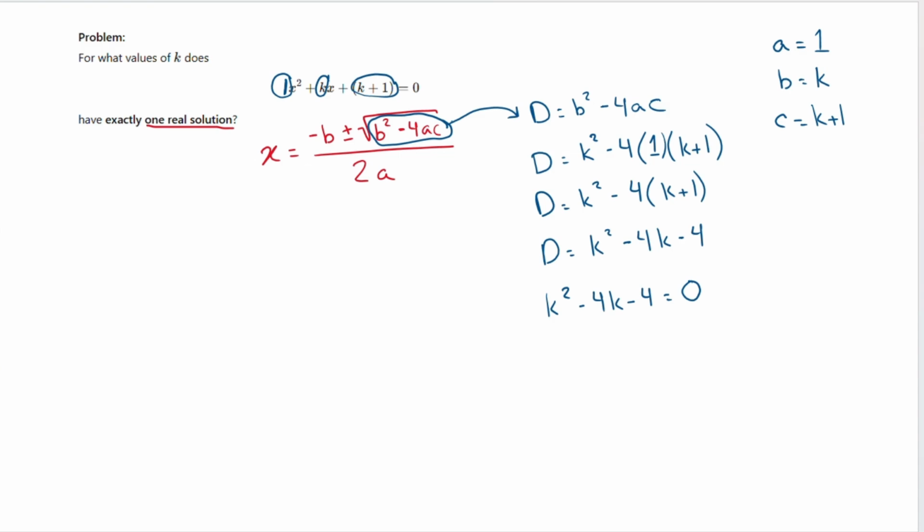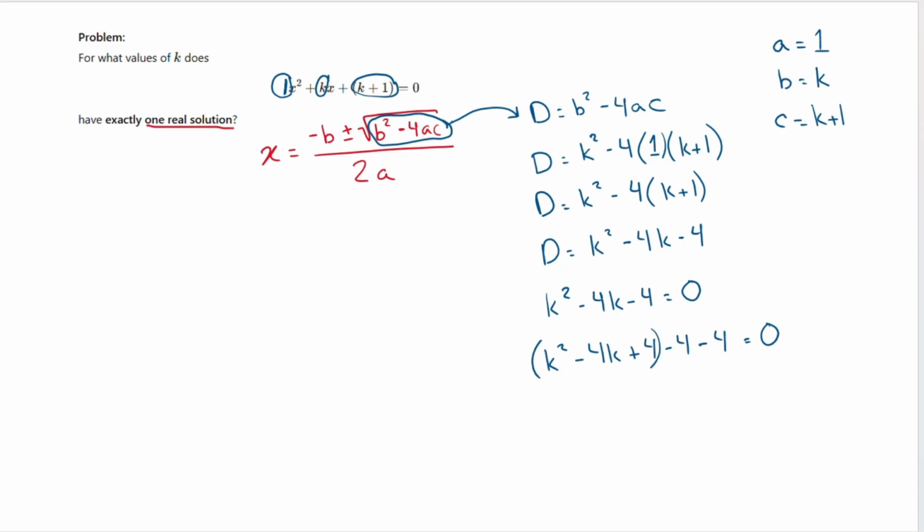We can just complete the square. k squared minus 4k, and negative 4 divided by 2 is negative 2. You square that, you get positive 4, so plus 4 minus 4, minus 4. We didn't change the equation, because plus 4 minus 4 doesn't change anything.